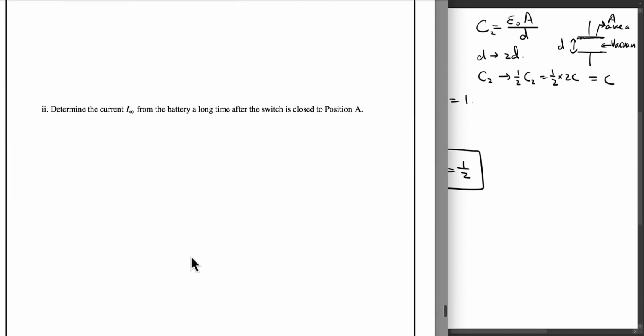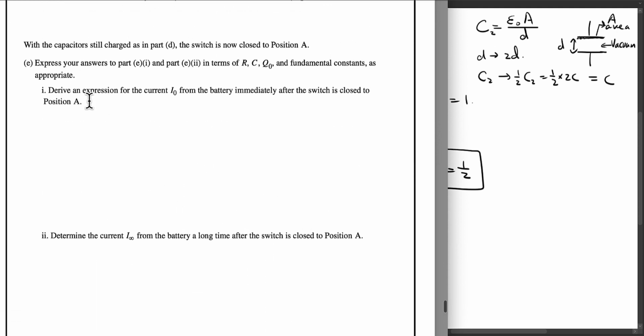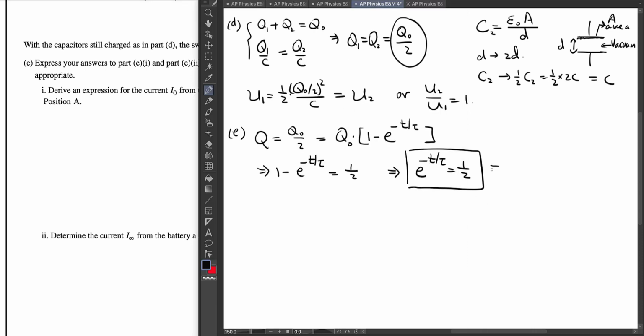Now let's look back at this E here. So I want to derive an expression for the current I0 at the instant when the switch is closed back to A. So that's the current at this instant. So the exponential function here actually contains this instant.